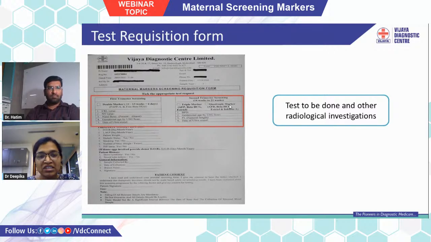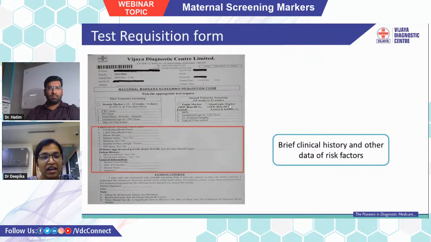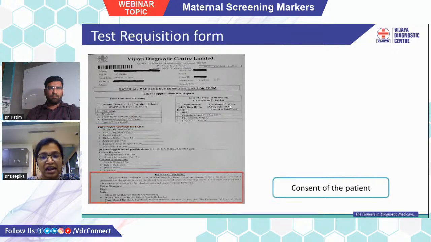If it is a second trimester screening, the test done will be a triple marker or a quadruple marker, and the ultrasound findings needed here are the gestational age by the scan data and the biparietal diameter. And this column will be the brief clinical history or risk factors like the diabetic status of the mother, smoking, the number of fetuses, any IVF status, or any previous trisomy pregnancy, and the date of birth of the mother. And the last column is the consent of the patient.